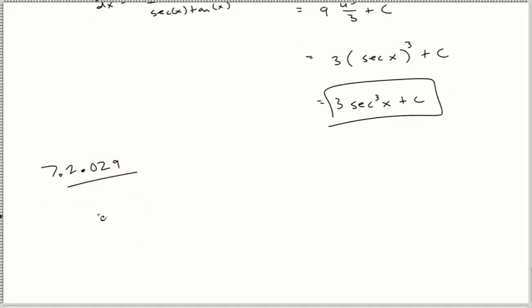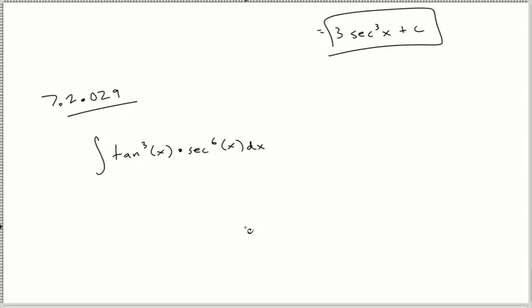Next problem. Integral of tangent cubed x times secant to the 6th power of x dx. All right. This one's a little bit more complicated than the last one because I have a lot more tangents going on. And so I can't just say, oh, well, I'll have a secant tangent just like the last problem, we're done. Not really.